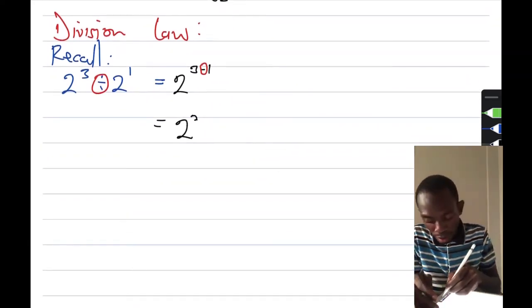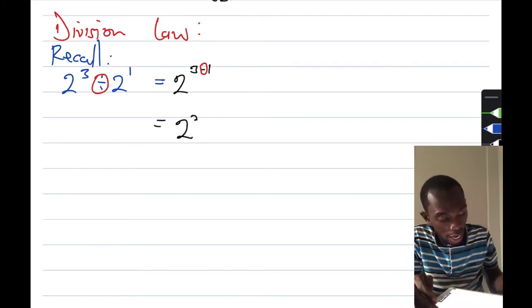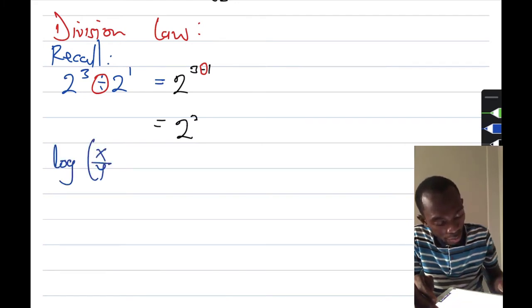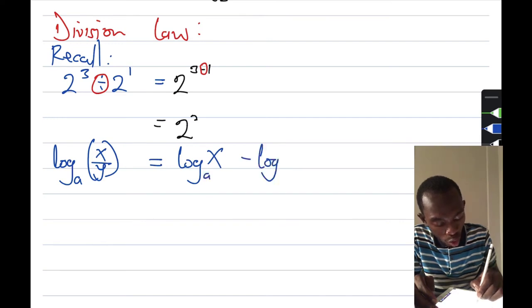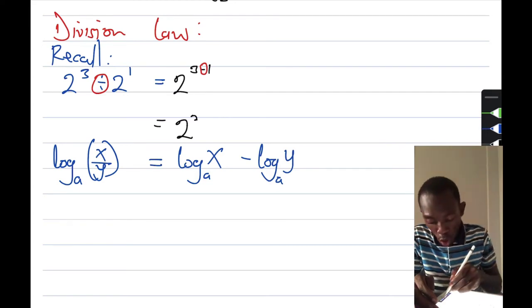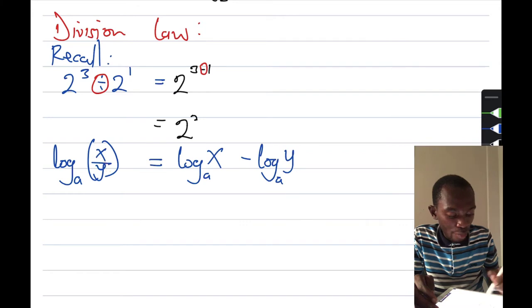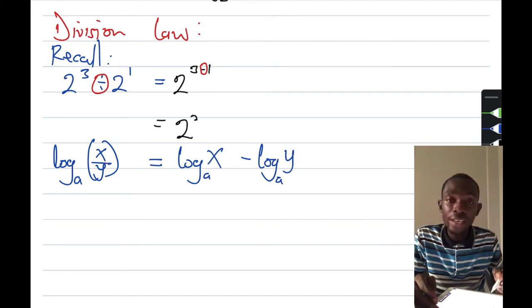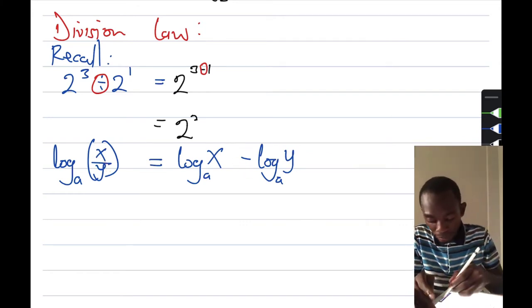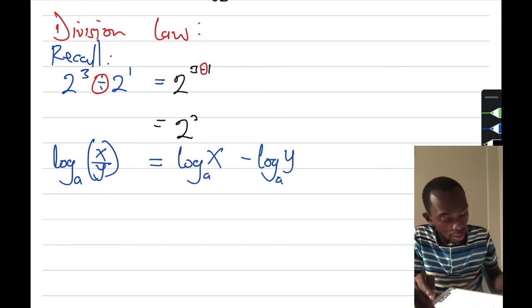So we have, for example, let's say we have log x over y base a, that will become log x base a minus log y base a, because the division sign over here now becomes a subtraction sign. Okay, so keep that in mind. Let's have a go at an example.